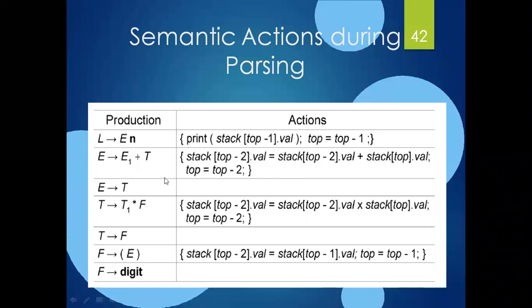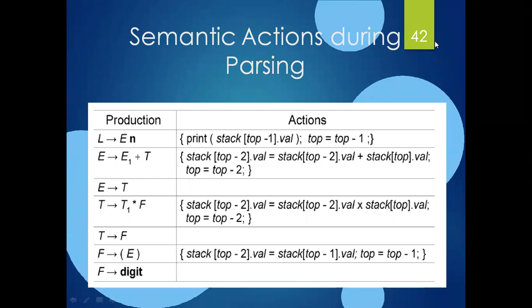Is it clear now? What it means, E is equal to T or T is equal to E, whatever it may be. No need to bother. This is suitable for the corresponding production rule E tends to T. This is top is equal to top minus 2, right?